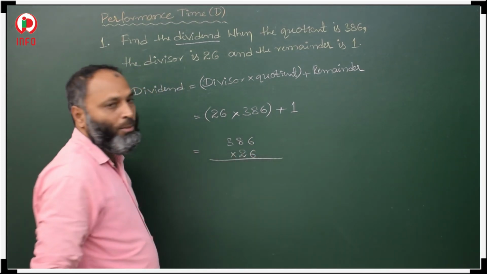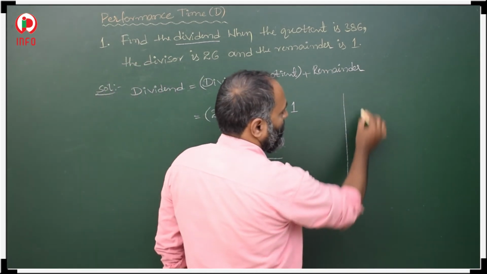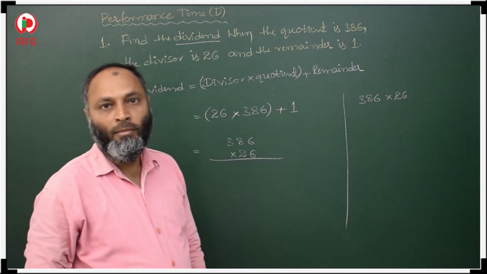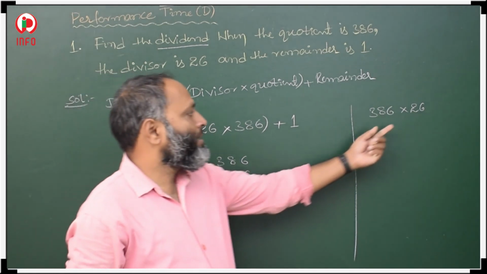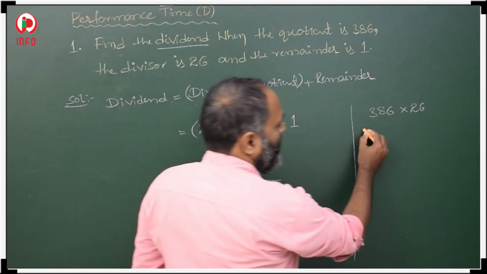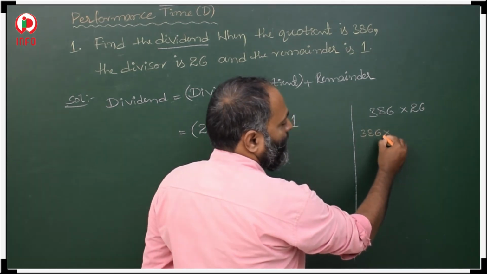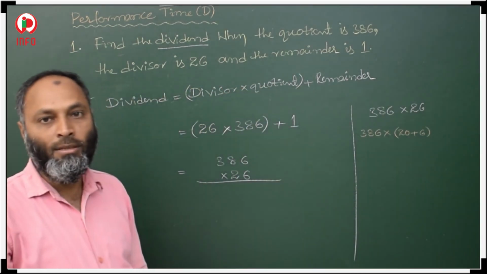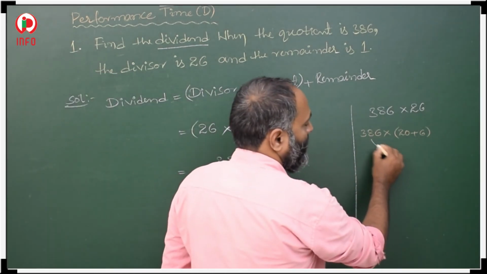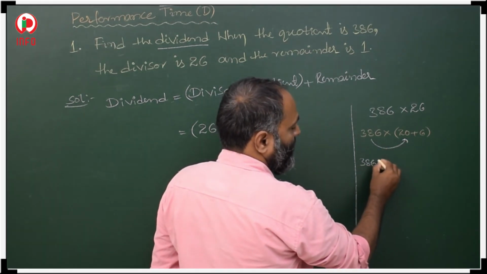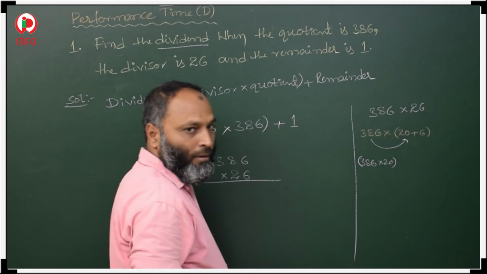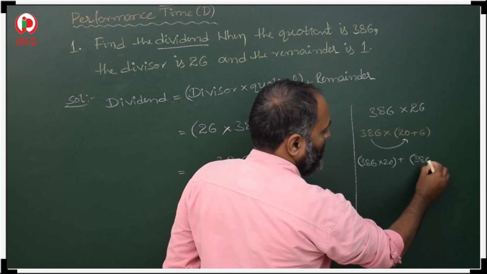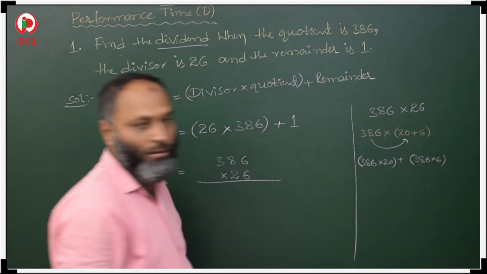Now we multiply 386 with 26. How to multiply? 386 into 26 means 20 plus 6. According to the distributive law, 386 into 20 in brackets, plus 386 into 6.